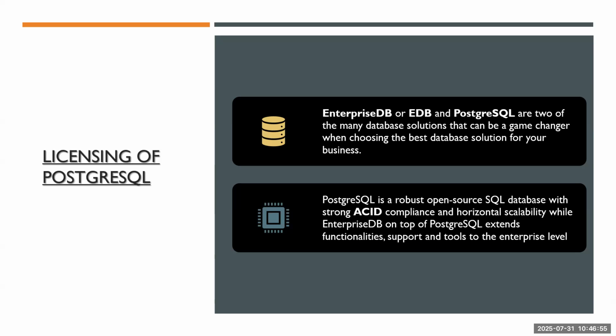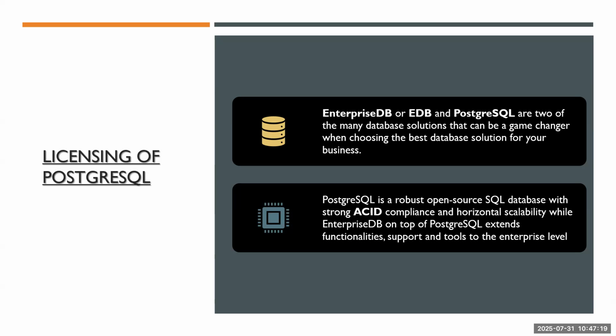These are the two main database management systems on the market when you go for open source. EDB is also basically open source, but they enhance it a lot. Don't compare the license cost with SQL Server or Oracle; the cost will vary a lot.